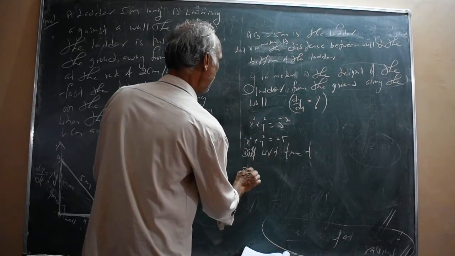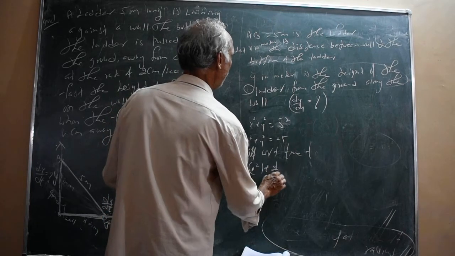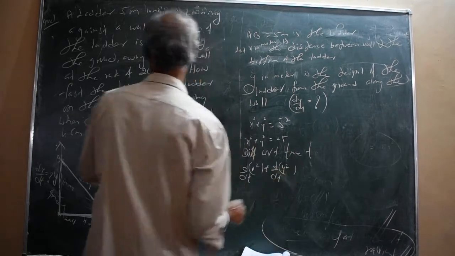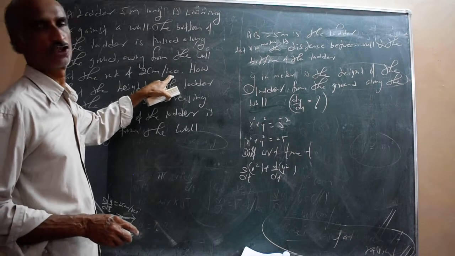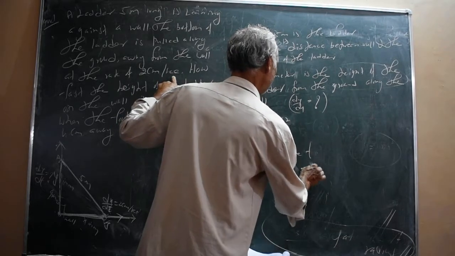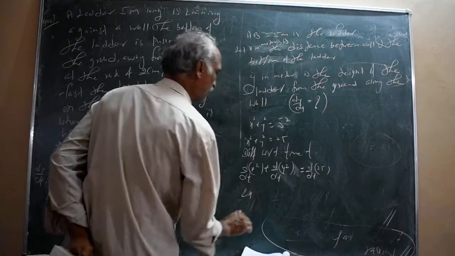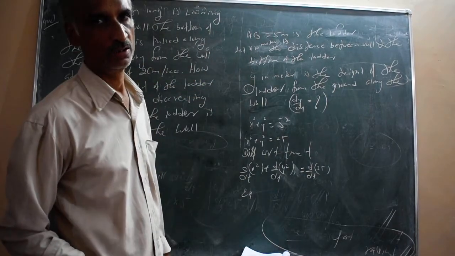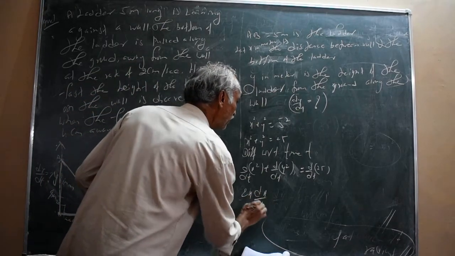Now, d by dt of x square plus d by dt of y square is equal to d by dt of 25. Per second means upon time, no? Therefore, differentiation with respect to t. X square differentiation is 2x, but x is with respect to t, therefore we get dx upon dt.